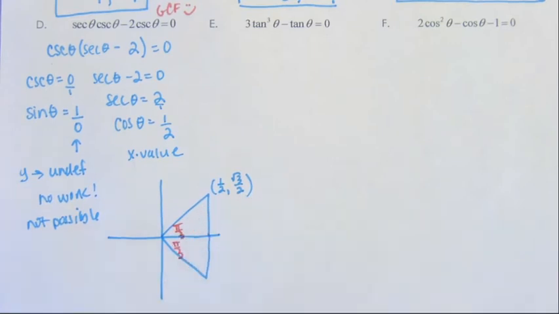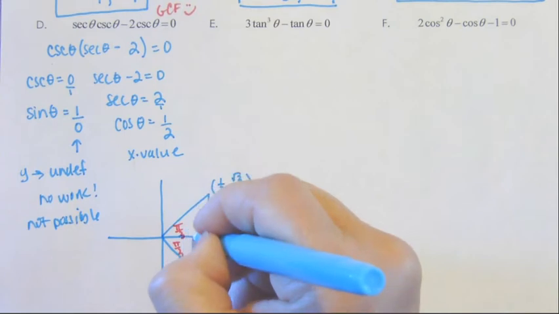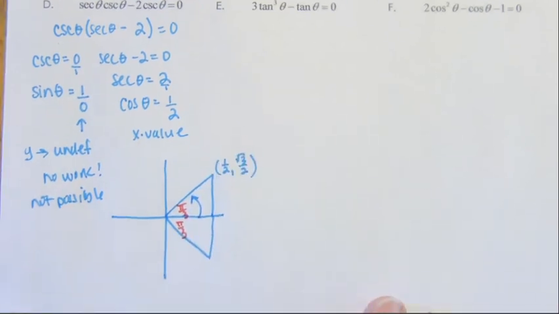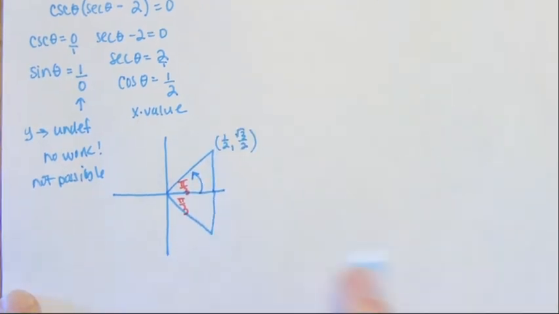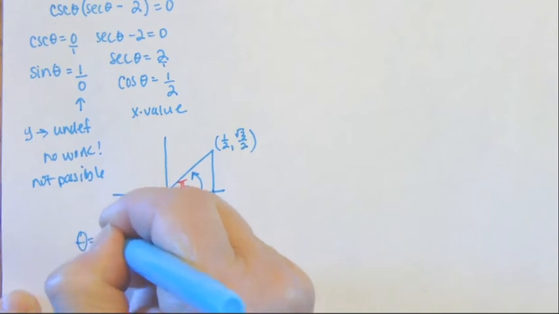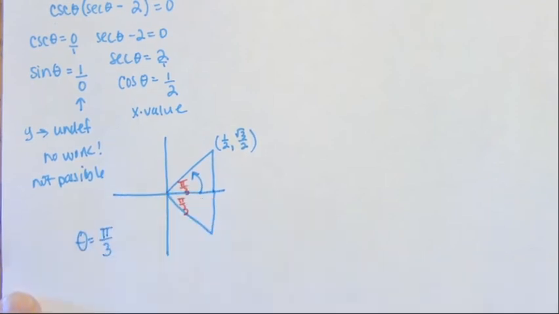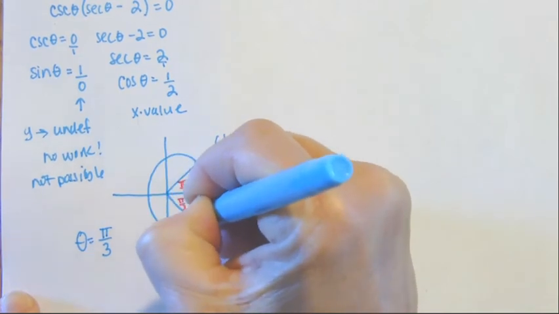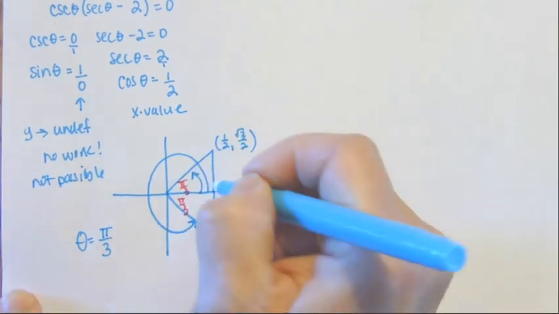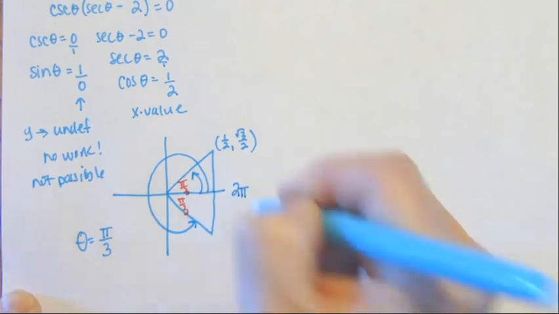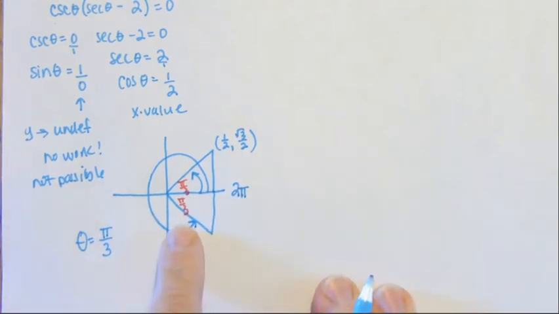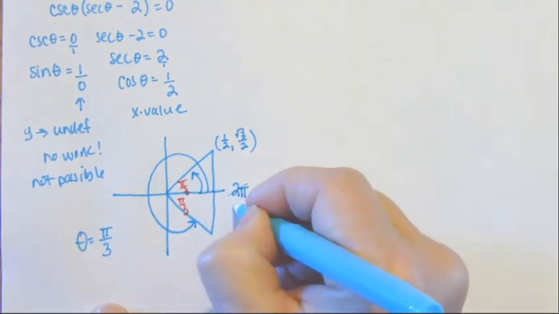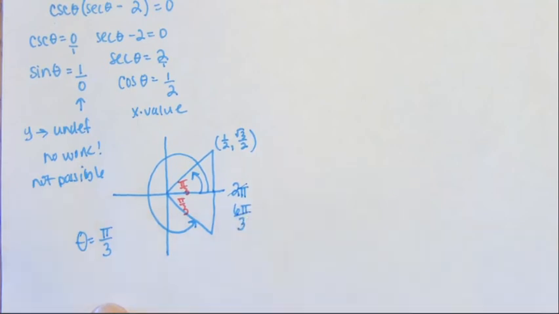I'm going to get 2 answers here. Remember what I said about the first quadrant? That should be easy. It's just whatever the reference angle is. So my first answer is pi over 3. The second angle is going to almost go around a full circle. So think about what a full circle is. That's 2 pi. Since I'm dealing with thirds, I'm going to change that to 6 pi over 3.